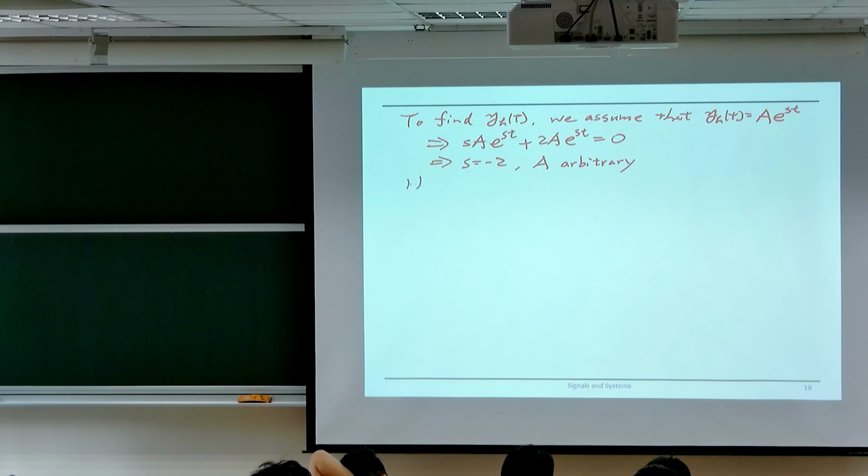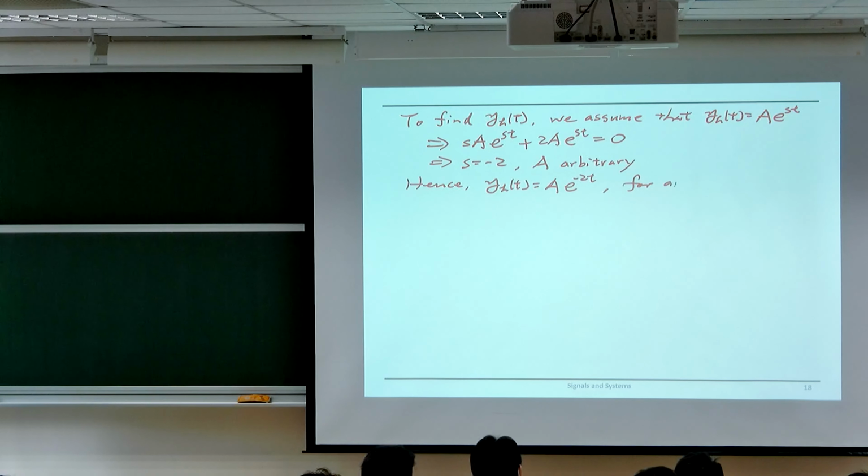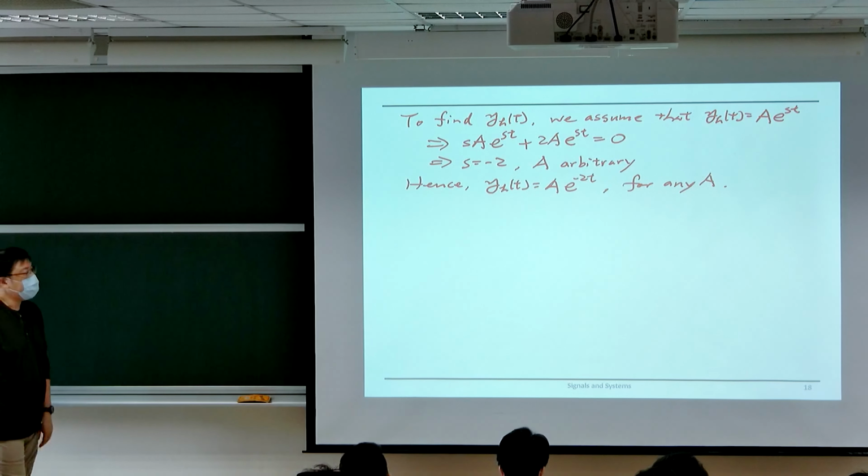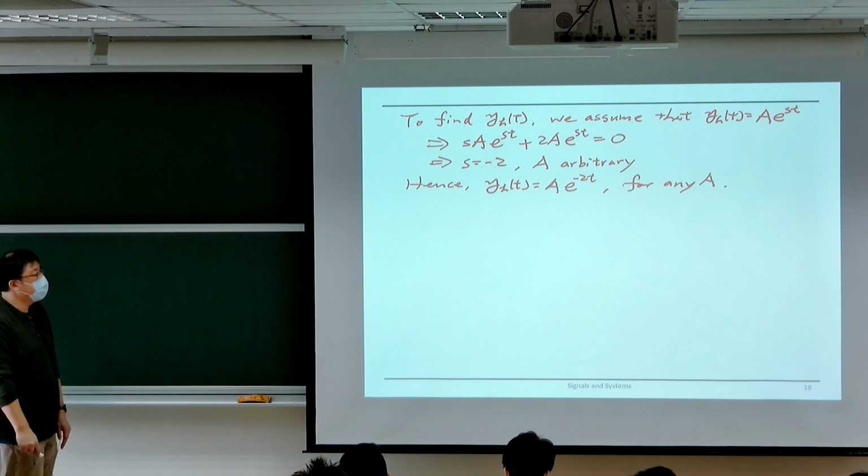So hence, a homogeneous solution is obtained as a times e to the minus 2t for any a.